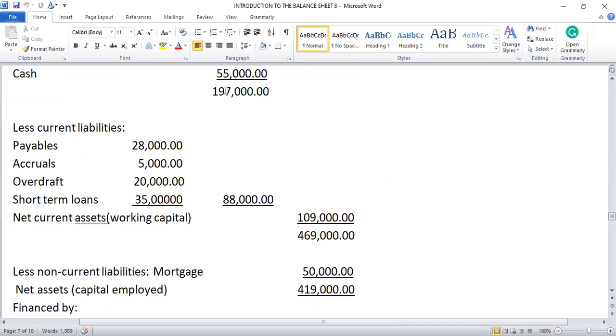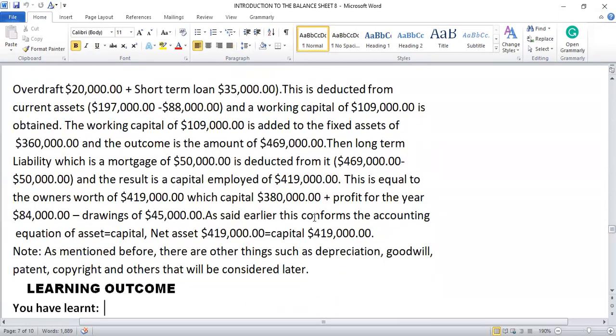The total of the current assets minus the total of the current liabilities is the working capital of $109,000. Then the working capital of $109,000 is added to the fixed assets of $360,000, and the outcome is the amount of $469,000.